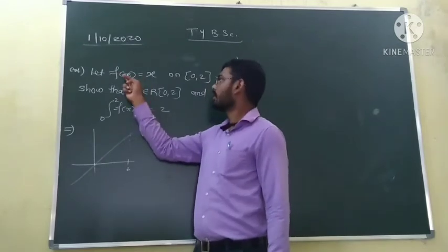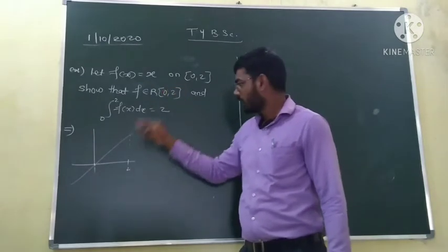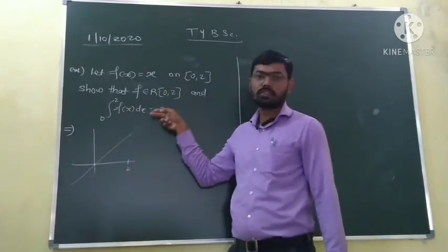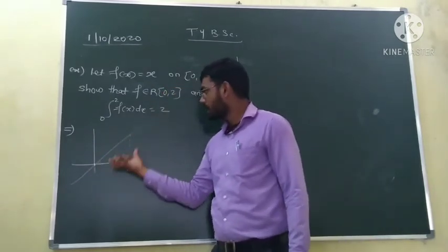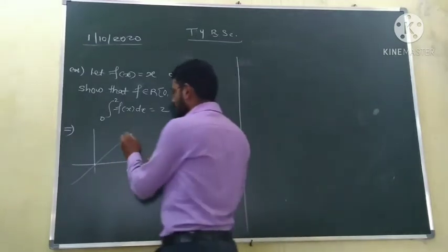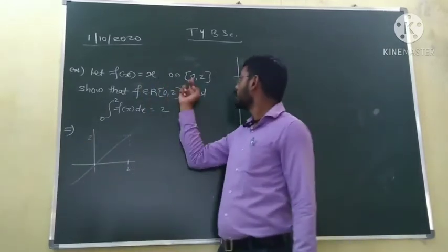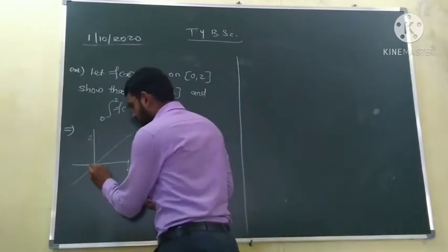For x is equal to 1, the value of the function is 1. This is the identity function. Now see, this function is continuous. This function is bounded. The maximum value of the function occurs at the point 2, which is also 2. The minimum value of the function occurs at 0, which is 0.